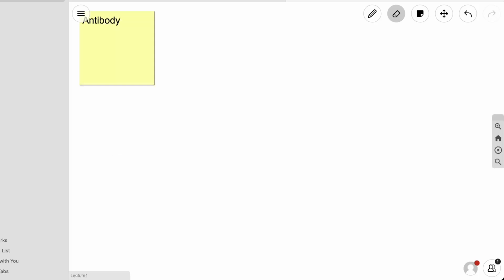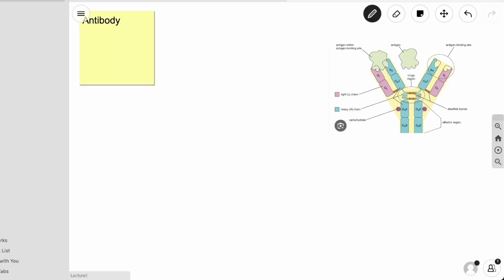So the structure of antibody should be Y in its shape. I brought in a beautiful picture of antibody here. I would like to illustrate this diagram with my free sketching.